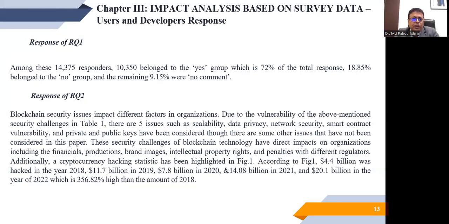Based on our data for response request questionnaire 1, among these 14,375 responders, 10,350 belong to the yes group. That means 72% of the total responses are yes.